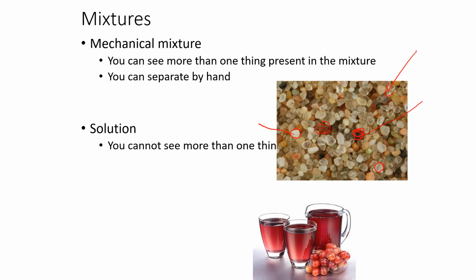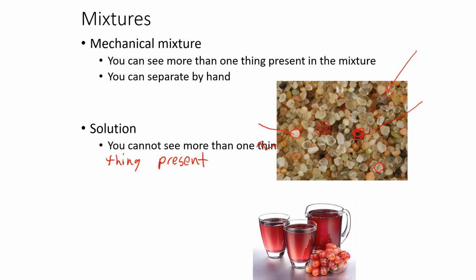Now, a solution is when you cannot see more than one thing. Here, let's rewrite that. More than one thing present, but it looks like it's just one thing. So grape juice. Now, it looks like there's just one thing.